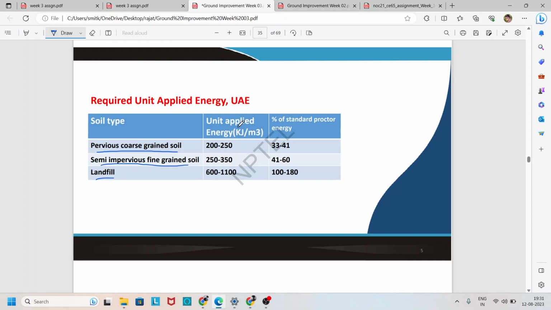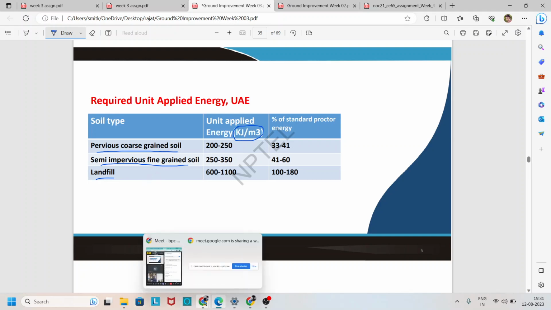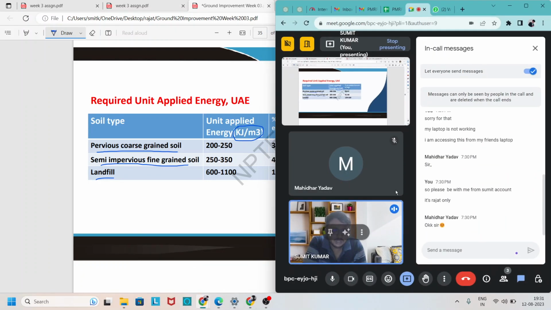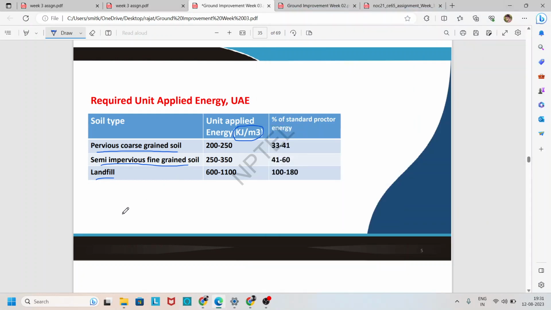You should remember the unit: this energy is given in kilojoule per meter cube. For landfill, the applied energy required is more because landfill is incompressible in nature, so more energy is applied to compact the ground. In this case, the required energy is quite large.